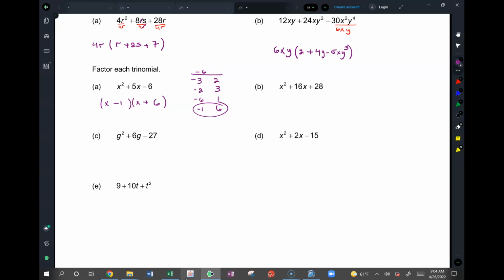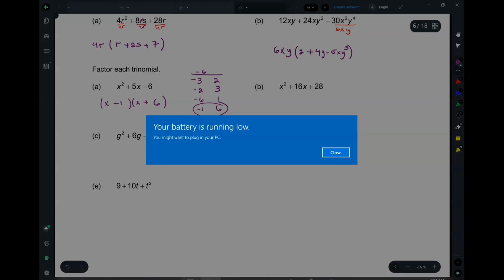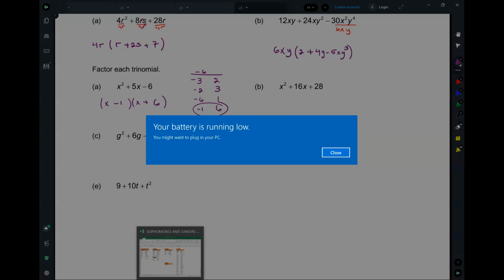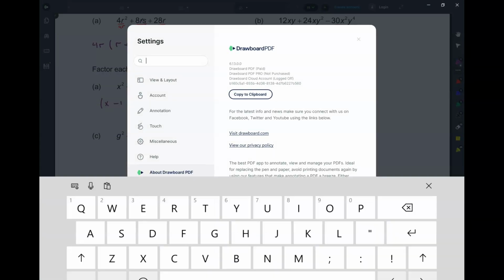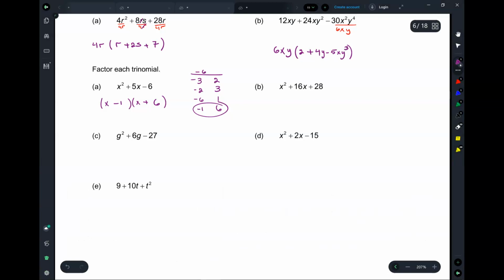If those two are pluses there, then the parentheses each have to have a plus.